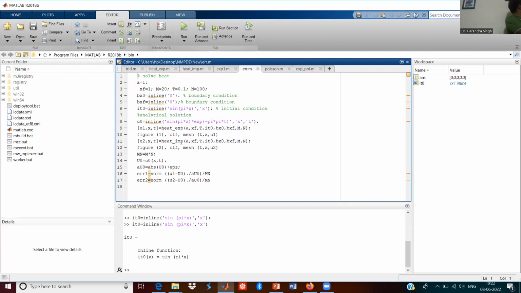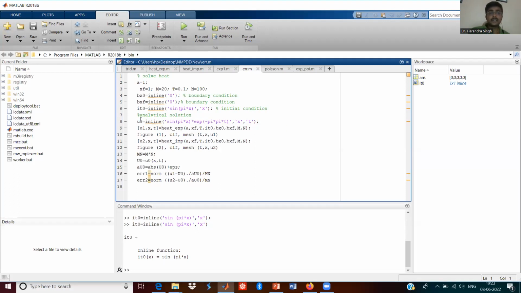You know that here this one. So here u0 is the analytical solution, sin pi x times exponential e to the power minus pi square t, of x, t.